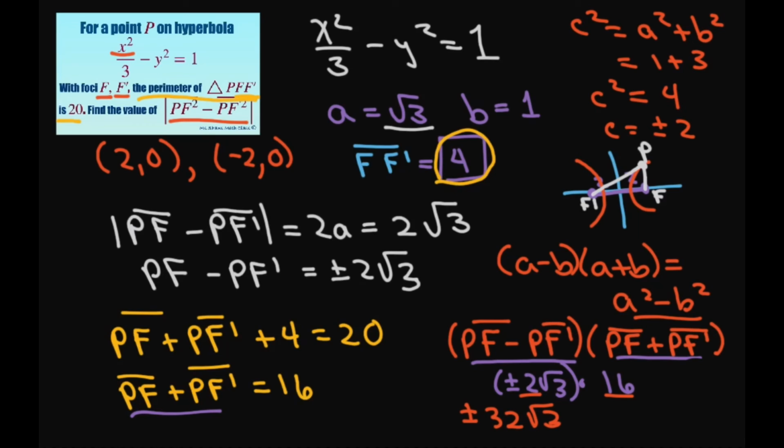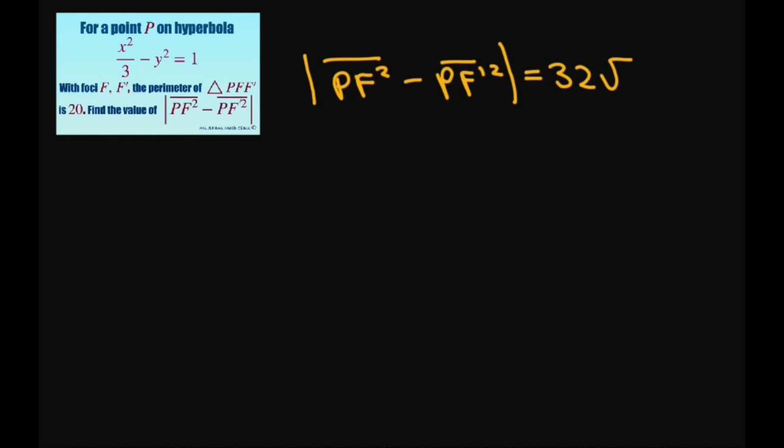But we have the absolute value of this. So when you take the absolute value of PF squared minus PF prime squared, that's going to equal 32 square root of 3.